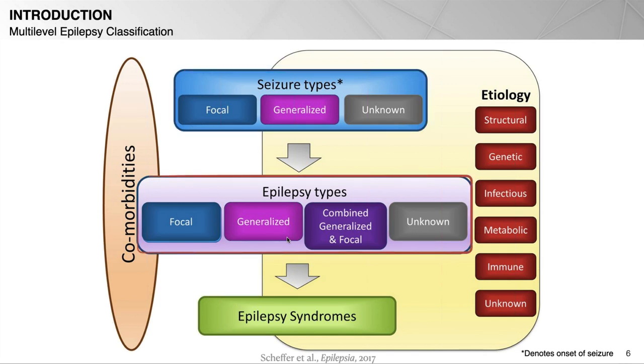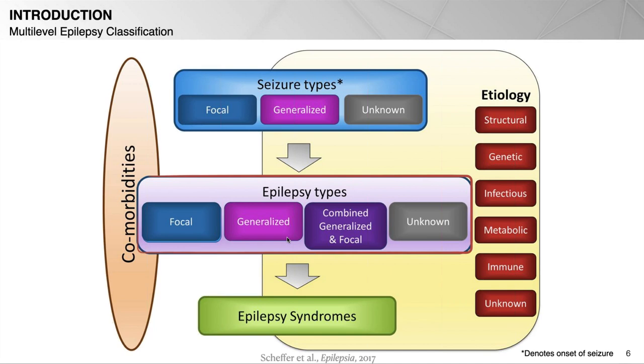Then we have the epilepsy type that is divided into 4 groups. Focal epilepsy: you have focal, multifocal, and disorders, but still restricted to one hemisphere. The generalized epilepsy comprises the generalized seizures.